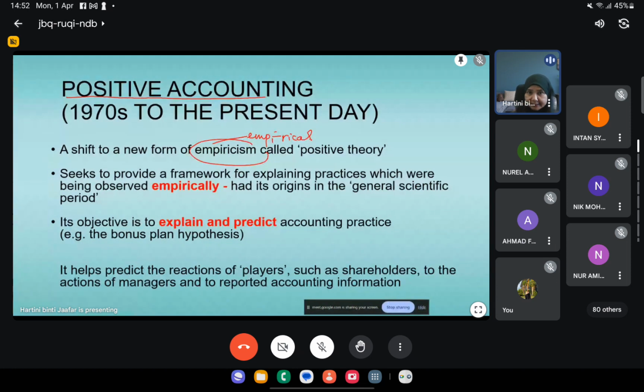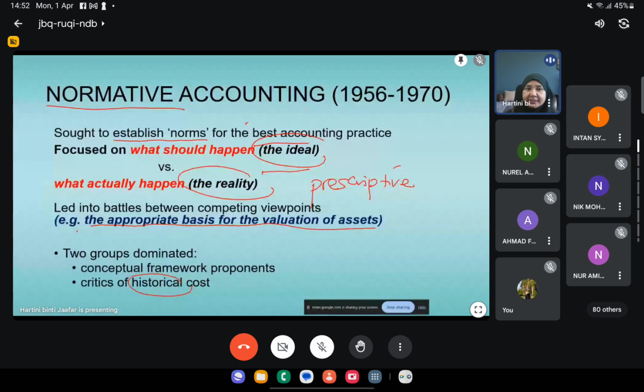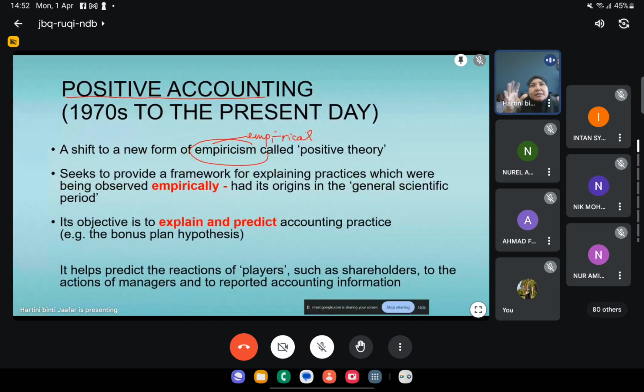They want to provide a guideline. They want to explain accounting practice for what is really happening, not the ideal, but the reality, what is being practiced now by the firms. So the practice will then be observed empirically. The objective is to explain why things happen, and then with that they want to make predictions of what is going to happen in the future.